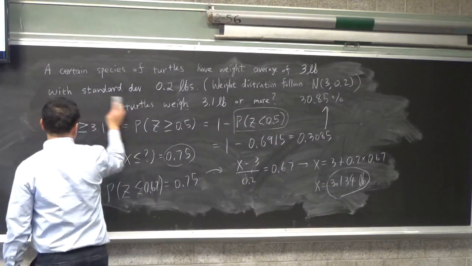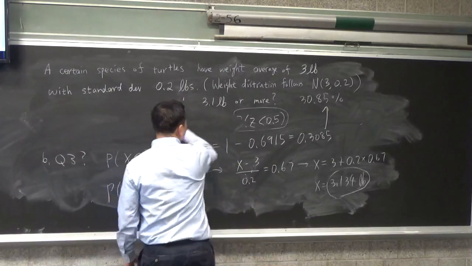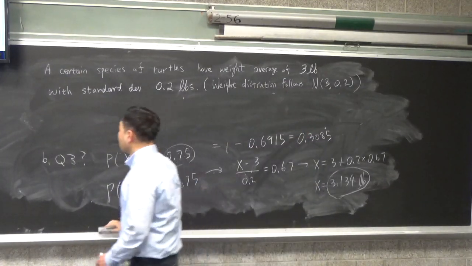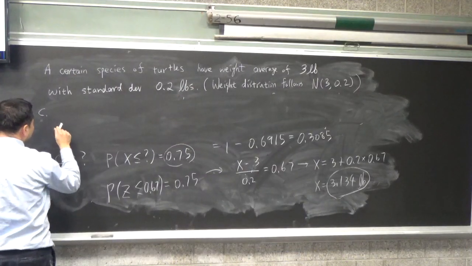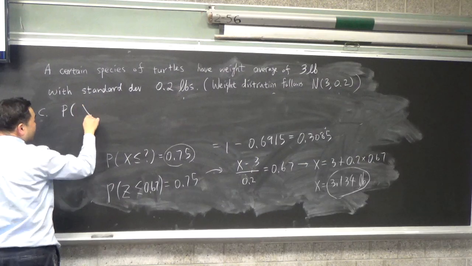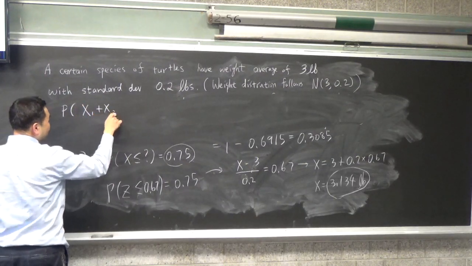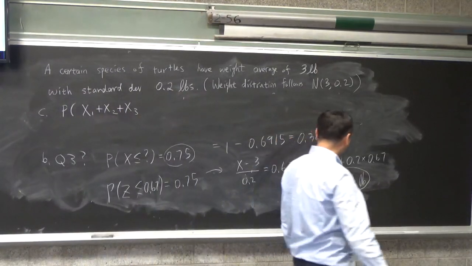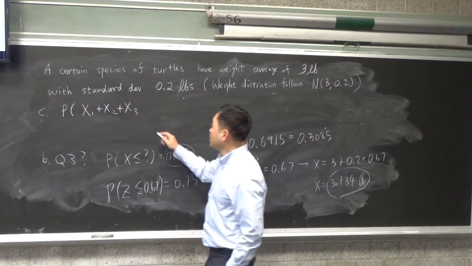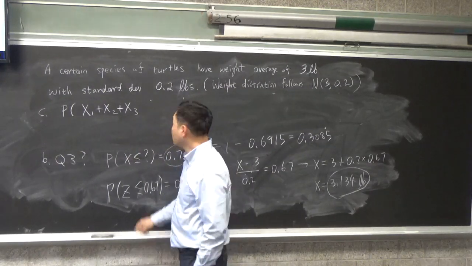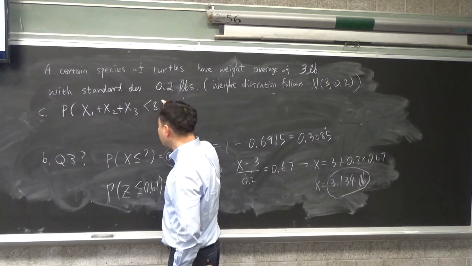Okay. Now, part C. Part C, we have to work a little bit. What's the probability that we have three turtles, x1 plus x2 plus x3, they all follow the same normal distribution, and I want this to be less than 8.7?